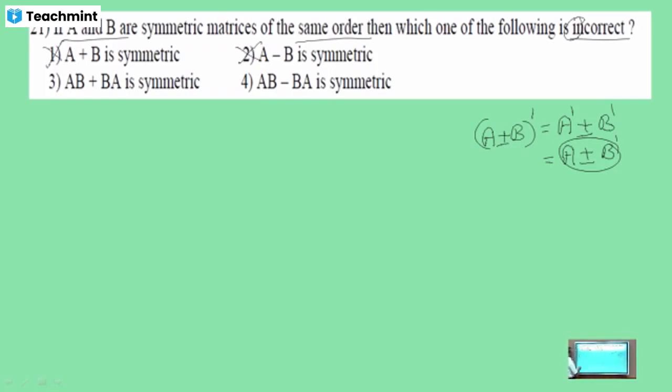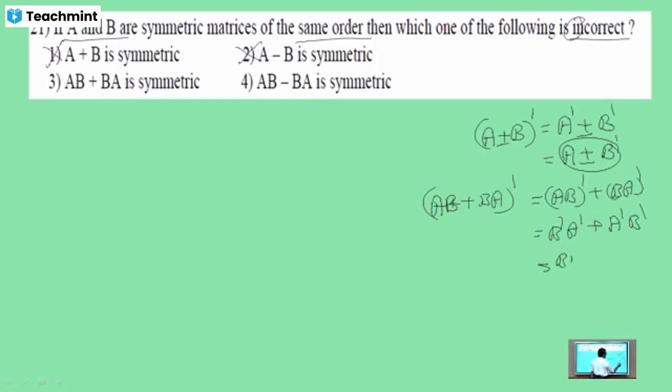When I go to the third one, as you are observing, it is AB plus BA. When I write the transpose, it is AB transpose plus BA transpose. That is equal to B transpose A transpose plus A transpose B transpose.